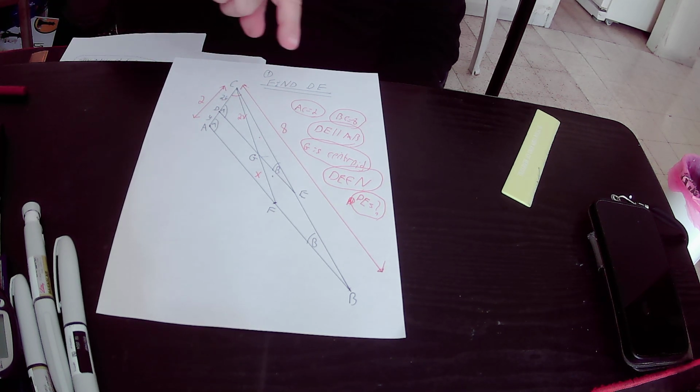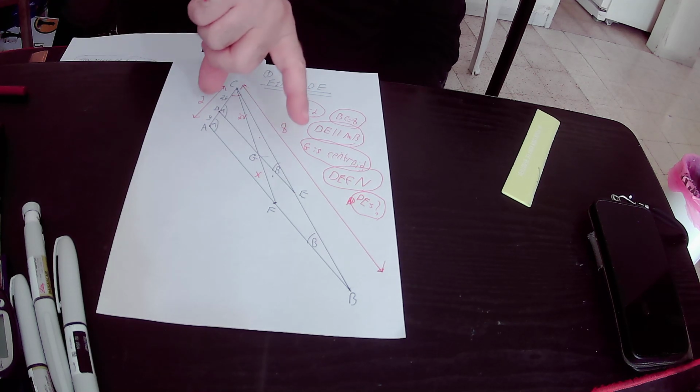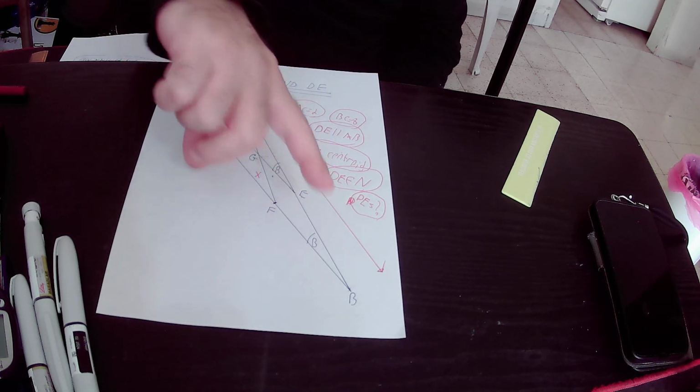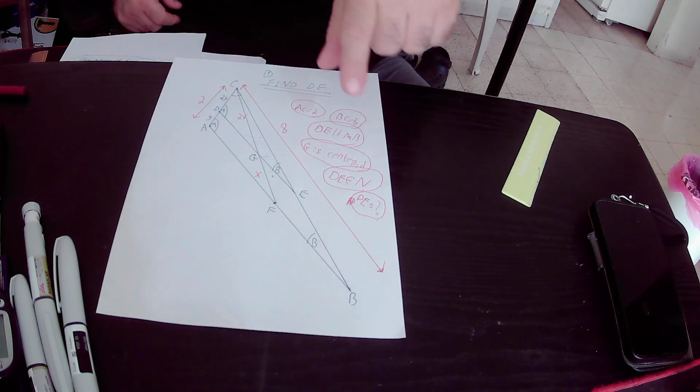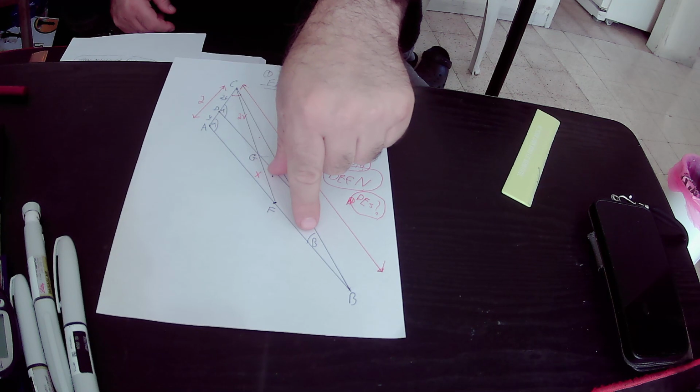And because of the fact that DE is parallel to AB, those two corresponding angles will also be equal to each other.